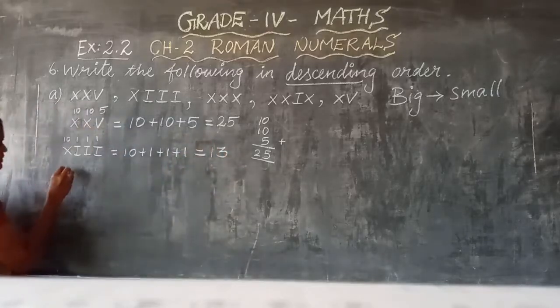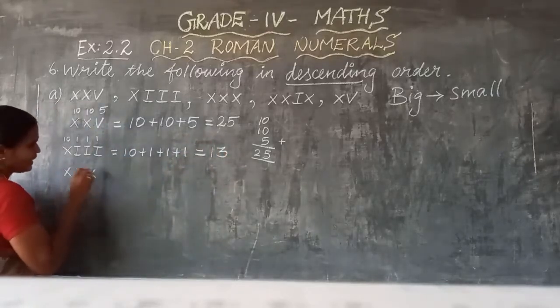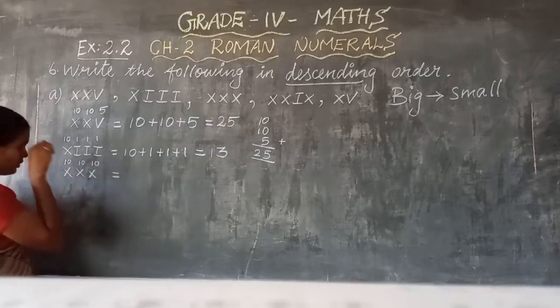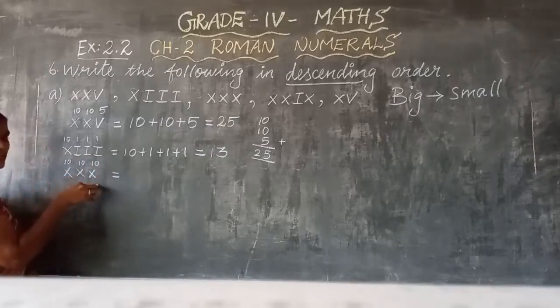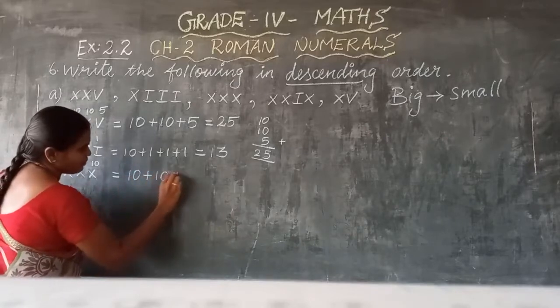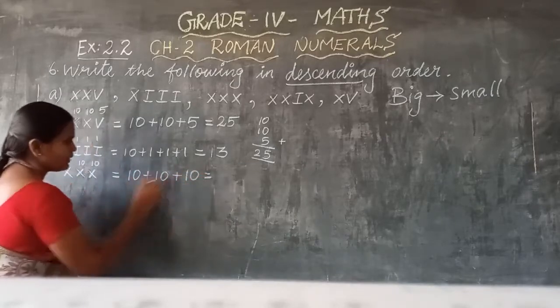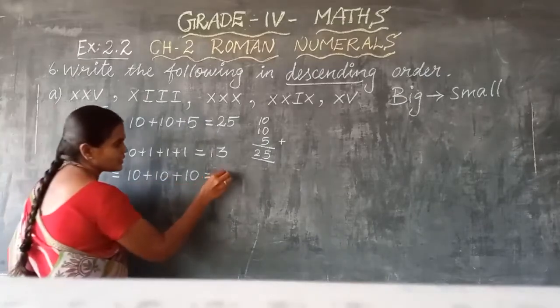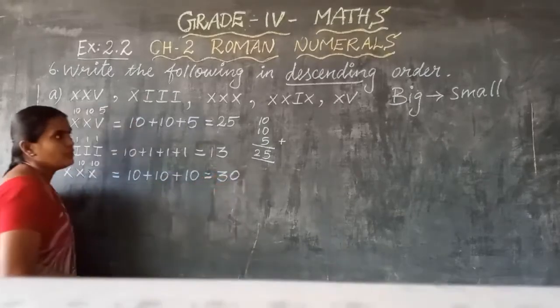Okay. Next triple X. X value 10, 10, 10. So here repeated. Repeated means addition. 10 plus 10 plus 10. 10 plus 10, 20. 20 plus 10, 30.